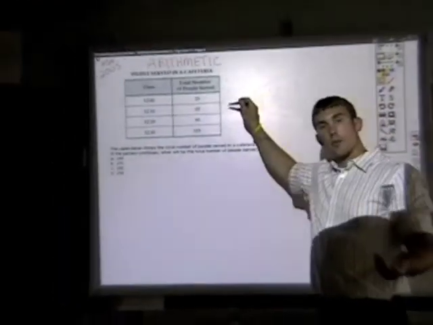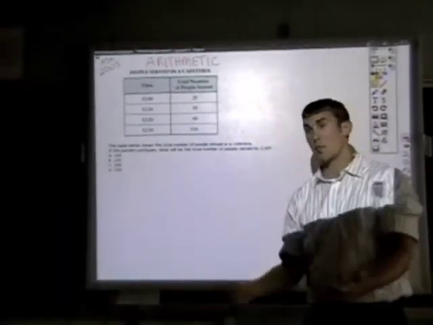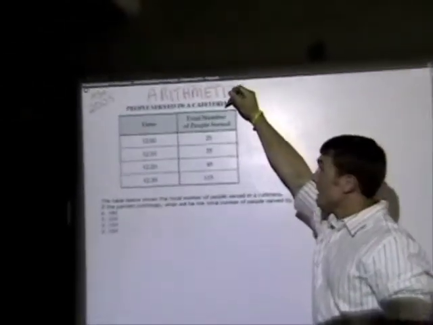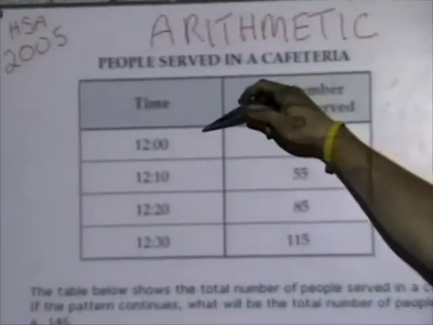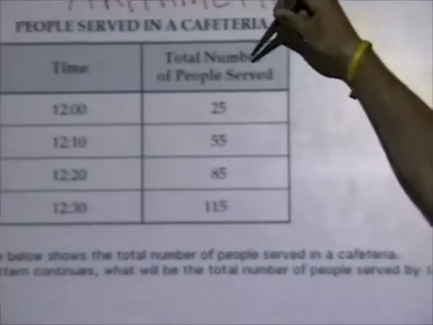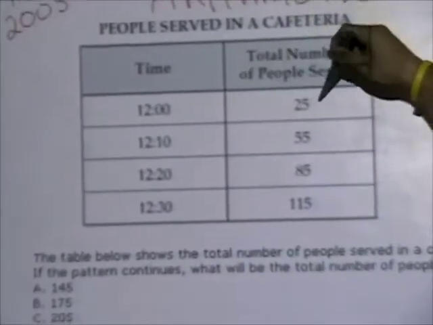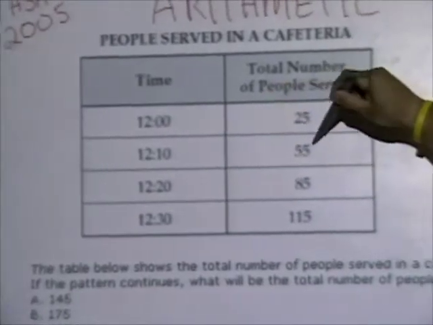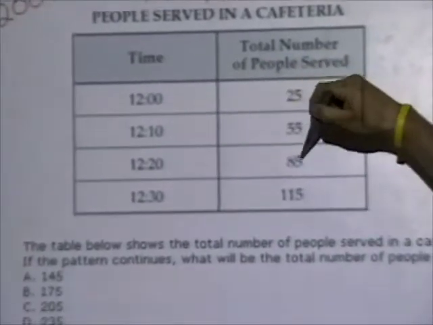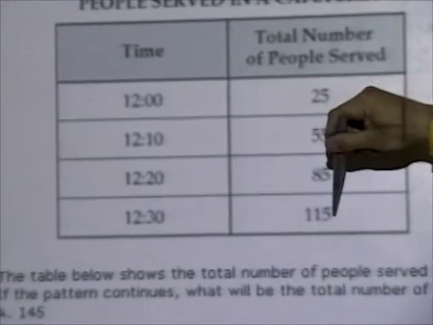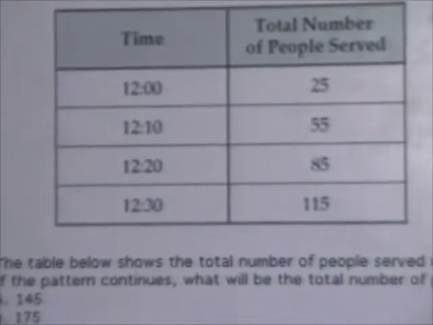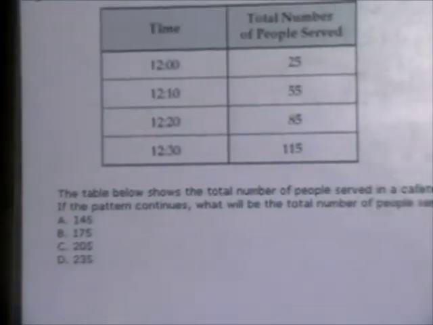Alright, so this is what a typical question would look like for just a simple pattern. We've got people serving in the cafeteria telling us the time of the day and the total number of people that were served up until that point. So at 12 o'clock, 25, 12:10, 55, 12:20, 85, 12:30, 115. Question says the table below shows the total number of people served in the cafeteria.